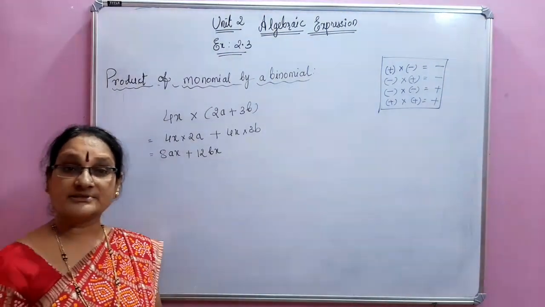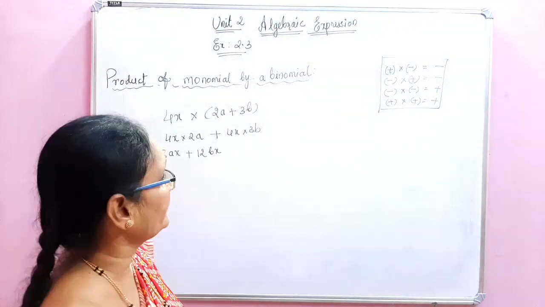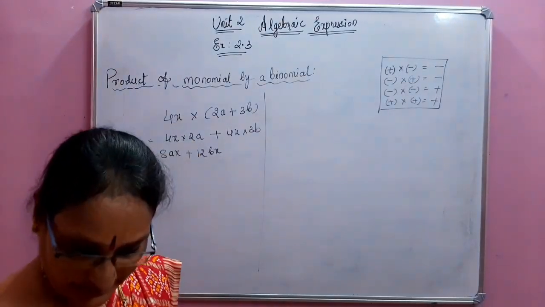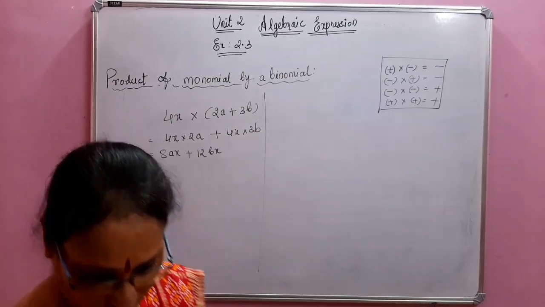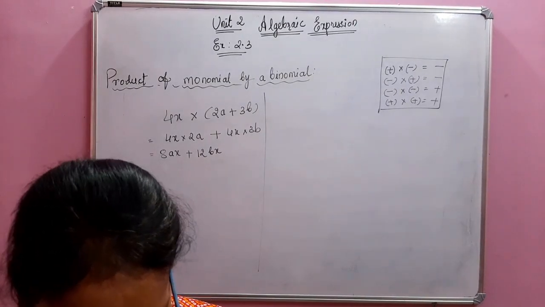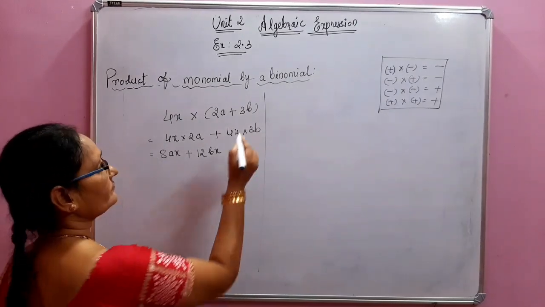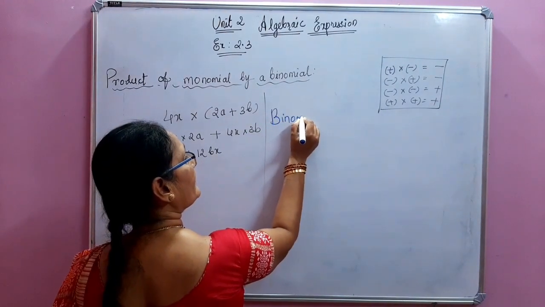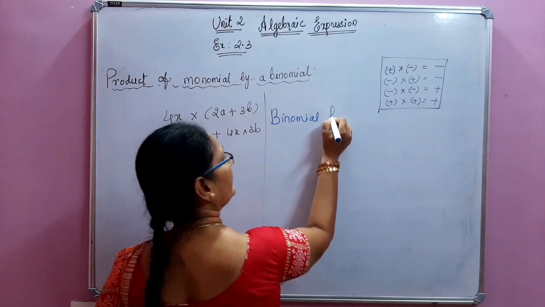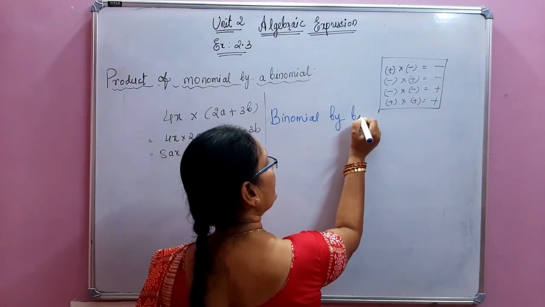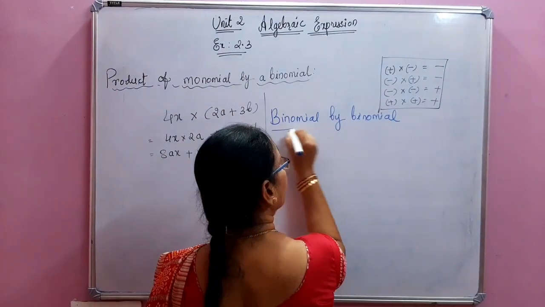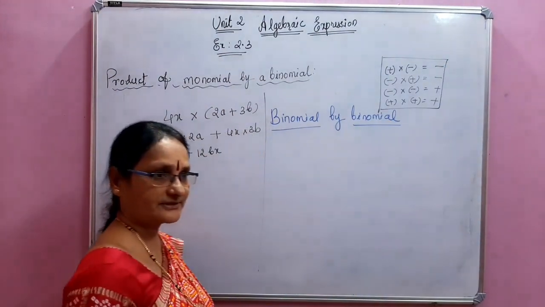Then next comes binomial by binomial. That also I will take here only. See how to find out the binomial by binomial. Binomial by binomial means two terms multiplied by two terms.